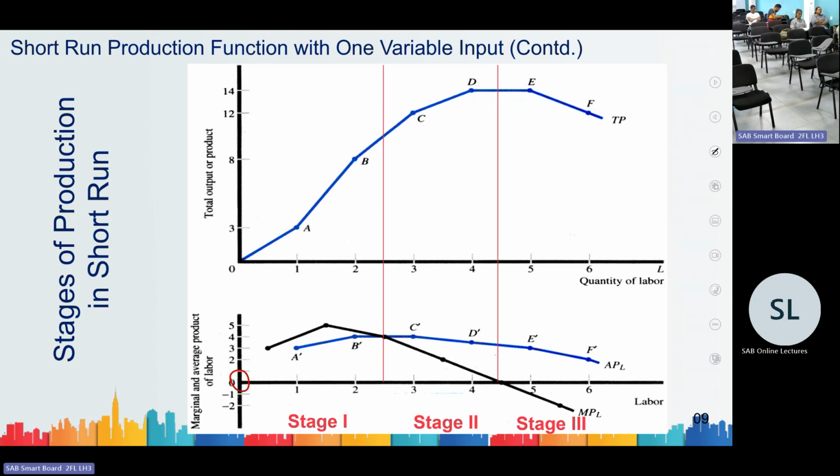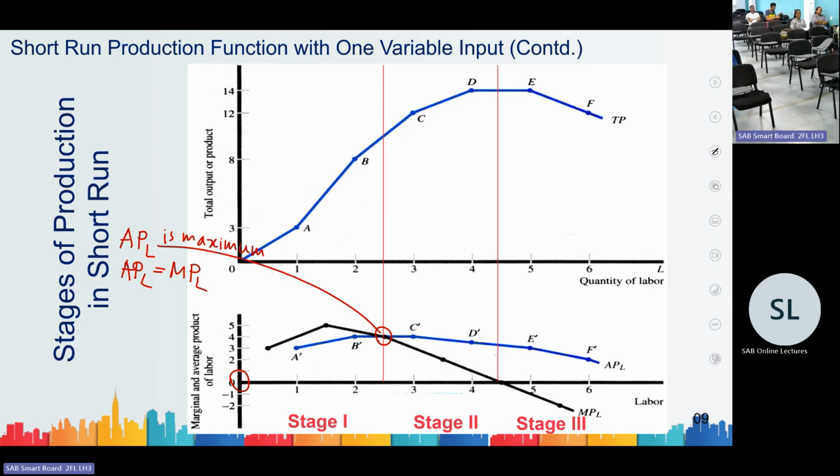And it ends where the average product of labor is maximum. At the same point, average product of labor equals marginal product of labor.